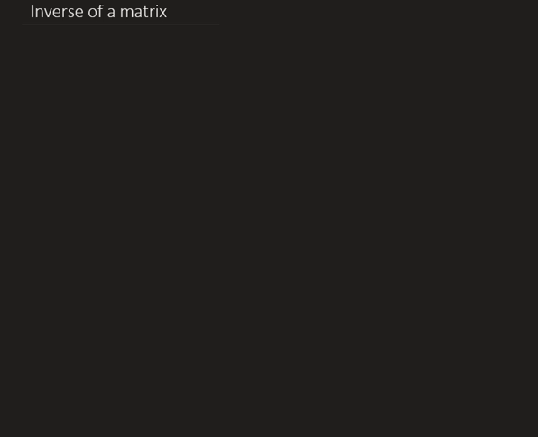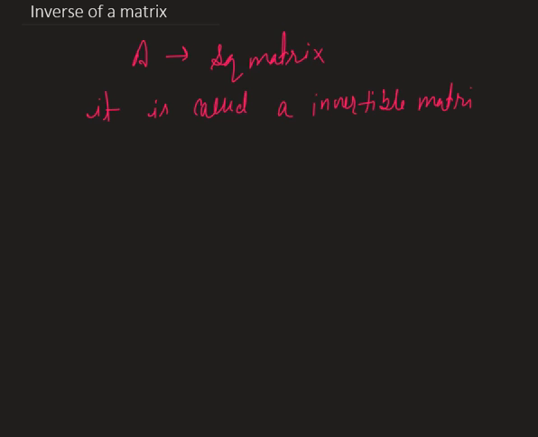Hello, today's topic is the inverse of a matrix. A square matrix A is said to be invertible, or called an invertible matrix, if there exists another square matrix B of the same order such that AB equals I_n equals BA.